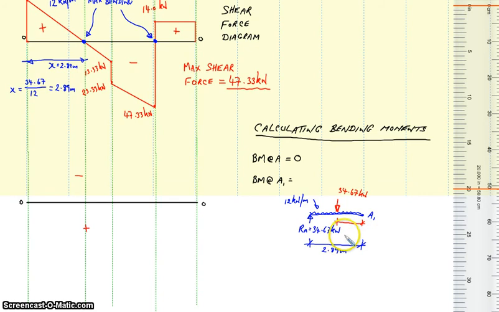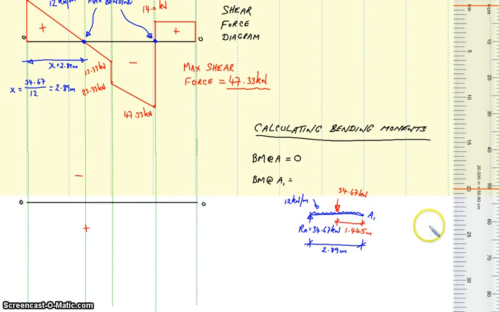So half of 2.89, which turns out to be 1.445 meters. And now we have everything that we need in order to calculate the bending moment at A1.